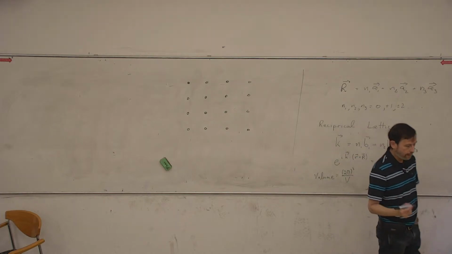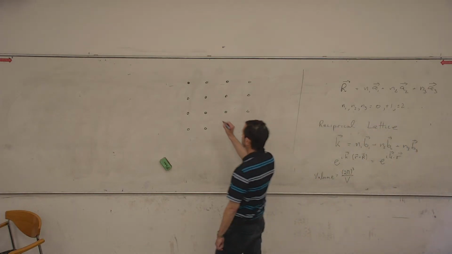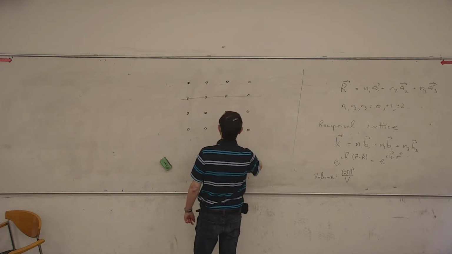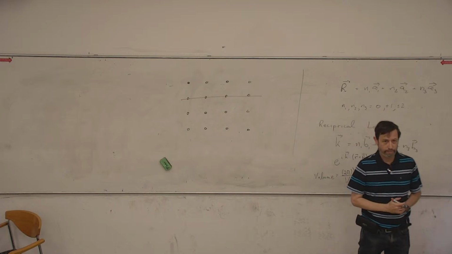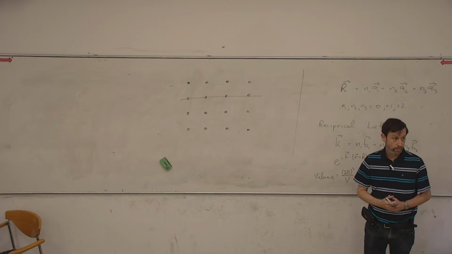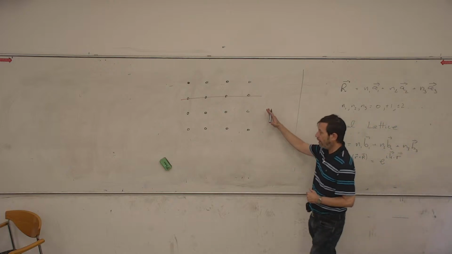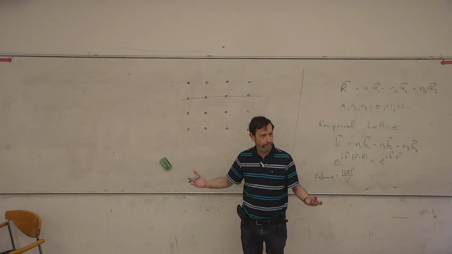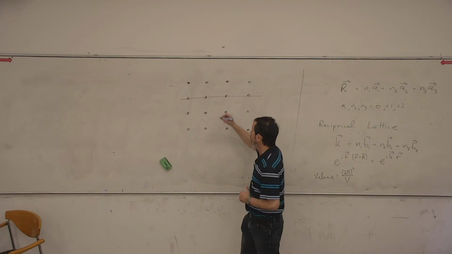So what is a lattice plane? This is, for example, a lattice plane. Just a straight line across the lattice, well, a line for 2 dimensions, a plane for 3 dimensions.